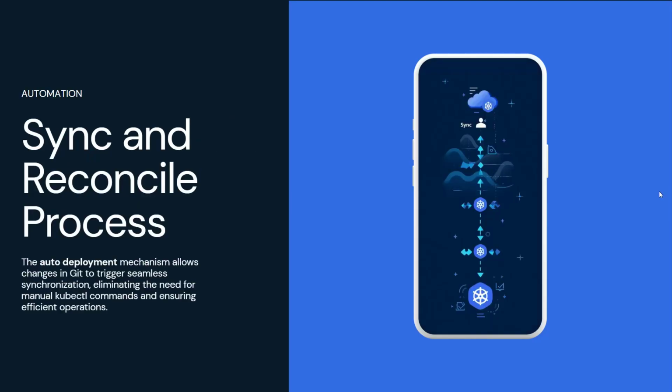Now, what we have here is that deployment is automated. There's no manual change. The only thing that you need to do is to make a change in the Git repository, and it will trigger synchronization in your cluster.